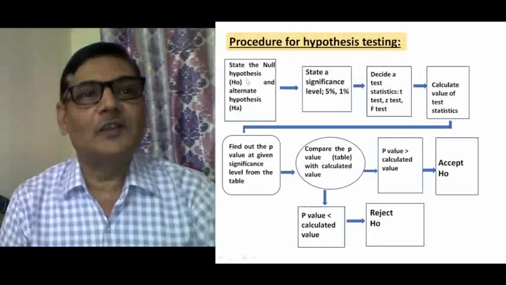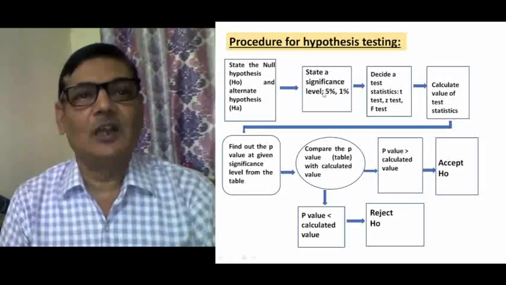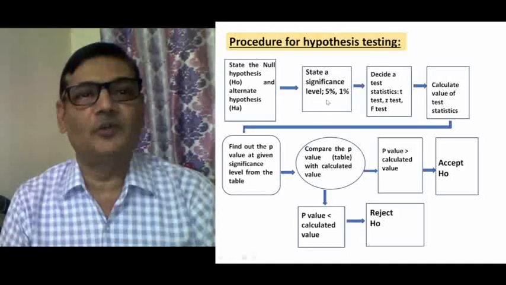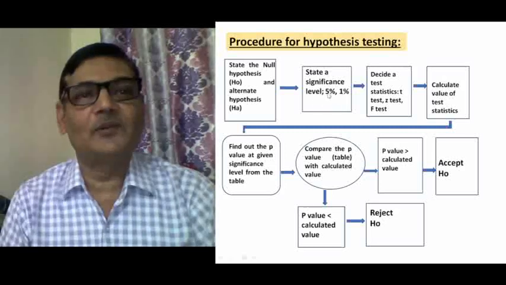Now after deciding the hypothesis, what you will do is state a significance level. That is, you decide at which level you are going to test this hypothesis. At 5% level, 5% means 0.05, or at 1% level, that is 0.01. And so this will be the alpha value. Alpha will be at 5% or 1%. This you can also decide.